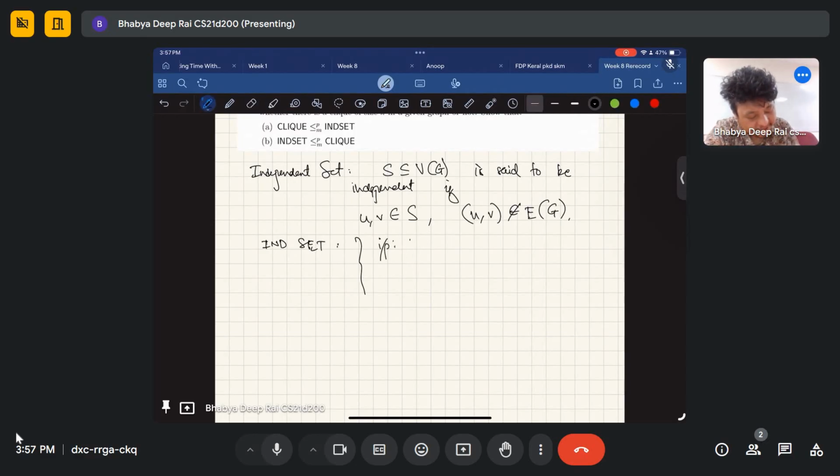Input is a graph G. Output says yes if there is an independent set in G of size K, and no otherwise. So that's the independent set problem. Now we want to show that clique reduces to independent set in polynomial time.